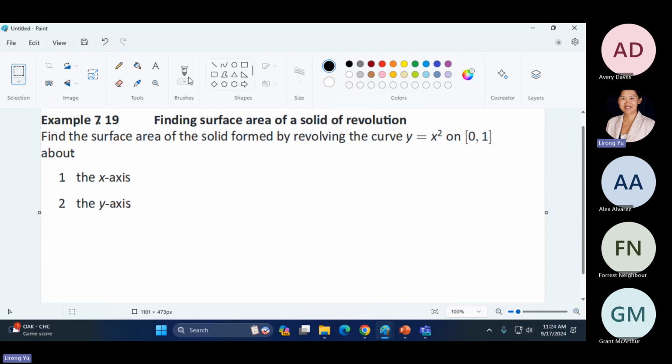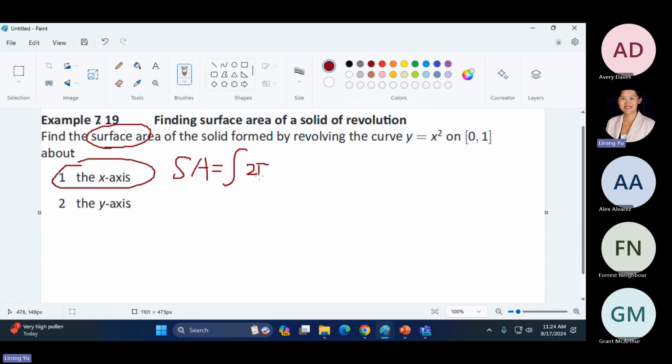Let's start with the first question. We're revolving about the x-axis. Right, so as we mentioned, the surface area formula is 2 pi r ds. But remember that ds is not dx and it's not dy. ds is actually a formula in itself, the arc length differential.